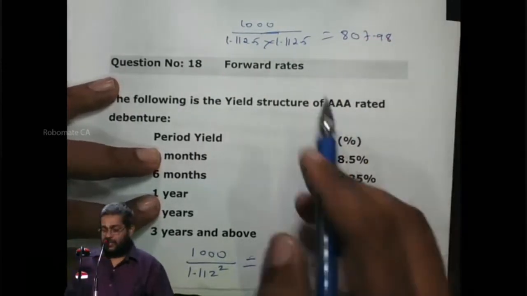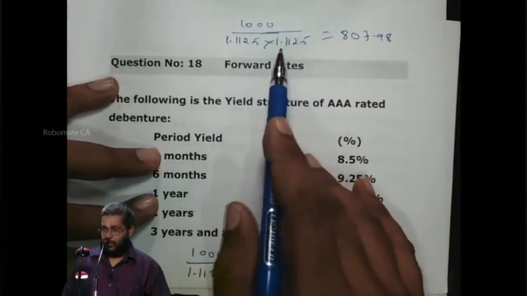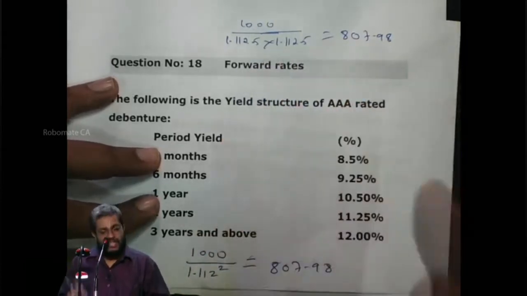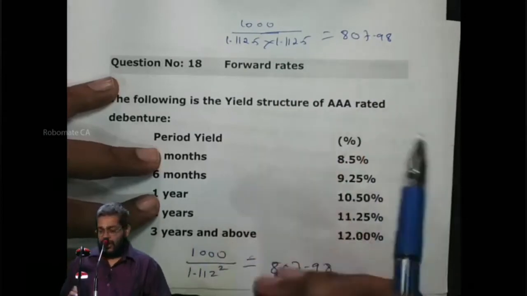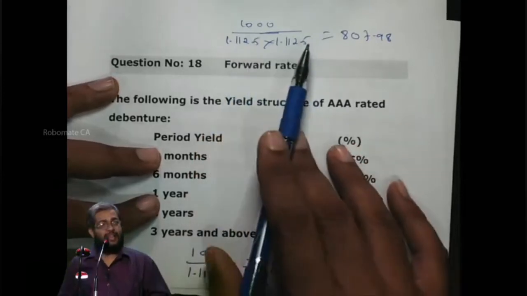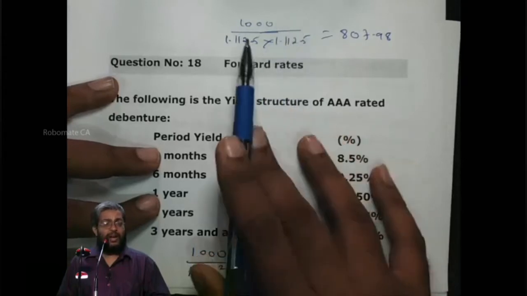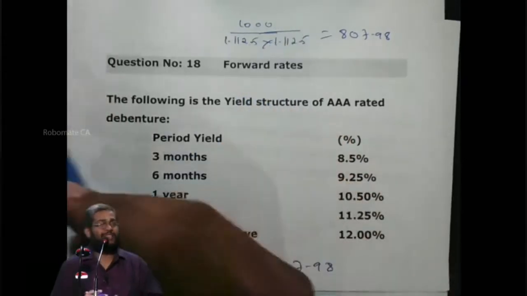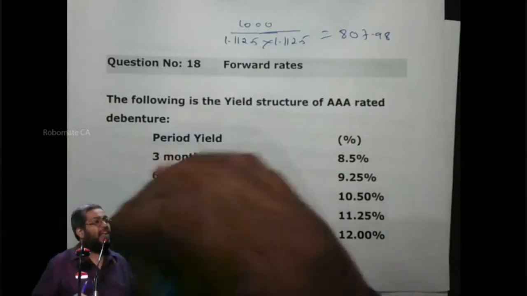In other words, discounting at an average yield of 11.25 for 2 years will give you the same answer as discounting at the specific yields of each and every year. So discounting at 12% for the second year, and then 10.5% for the first year will give you the same answer as discounting at 11.25% for 2 years. Right or not? Both should give you the same answer. Are you following what I am saying?